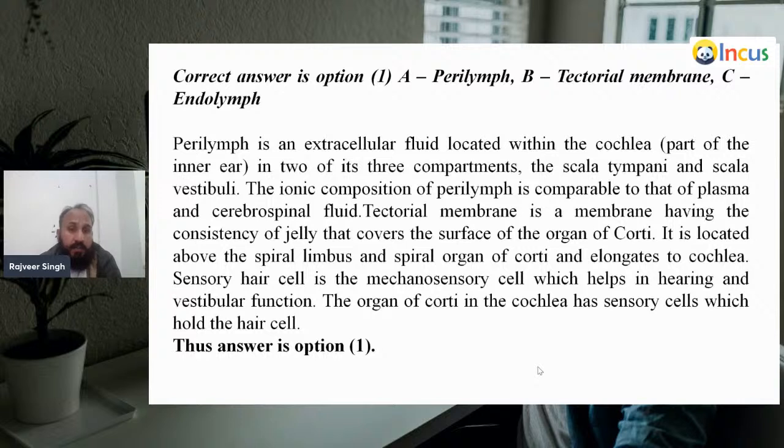It is located above the spiral limbus and spiral organ of Corti and elongated to the cochlea. The sensory hair cells are mechanosensory cells which help in hearing and vestibular functions. The organ of Corti in the cochlea has sensory cells which hold the hair cells. So the answer will be first.